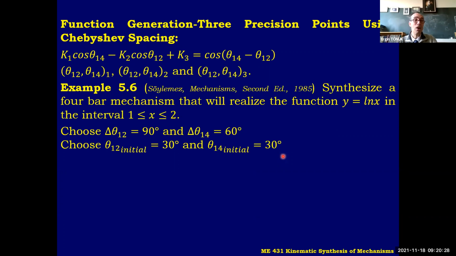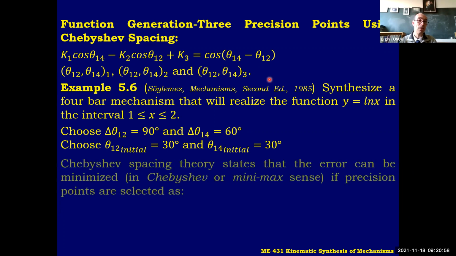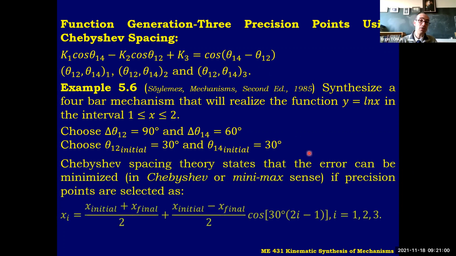So what I'm going to do is I'll try to select these 3 points where I can exactly satisfy the function such that the error is minimum. And before we had very nice computational tools, Chebyshev devised something very, very simple, which works quite good. Now, Chebyshev states that this error can be minimized.